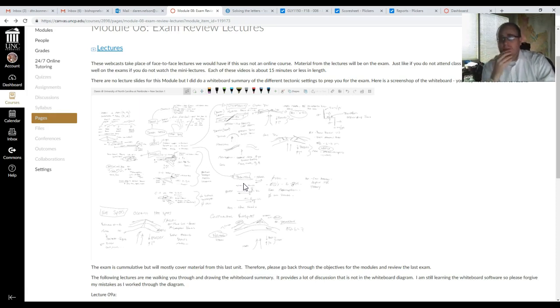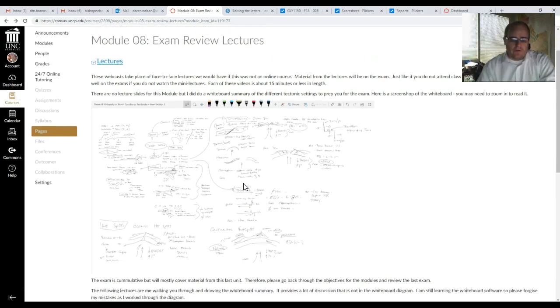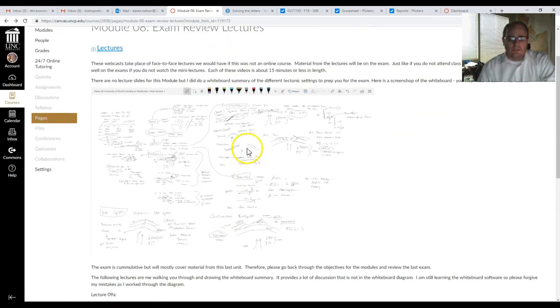I promise you that there are questions on the exam that go over some of this material, where it says, well, what kind of plate boundary would have this kind of volcano? What kind of plate boundary would have this kind of earthquakes? What kinds of faults does it have, and so forth. This slide is just a large slide, and you can click on it and look at the image a little closer.